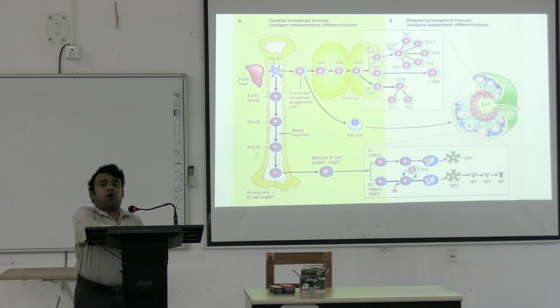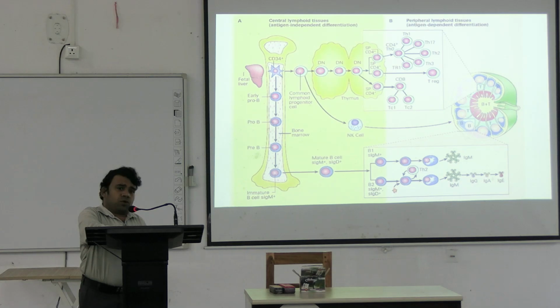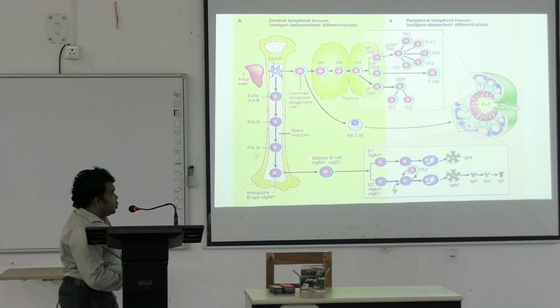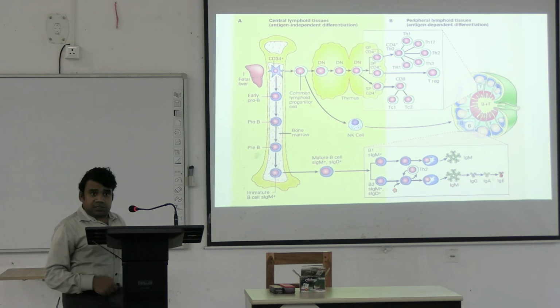That means all the cells which are able to react to the own cells of the human body are negatively selected. That means those cells die by apoptosis. So all the cells which do not act against the own human body are selected. Thereafter, these cells will mature to form the mature B cells.